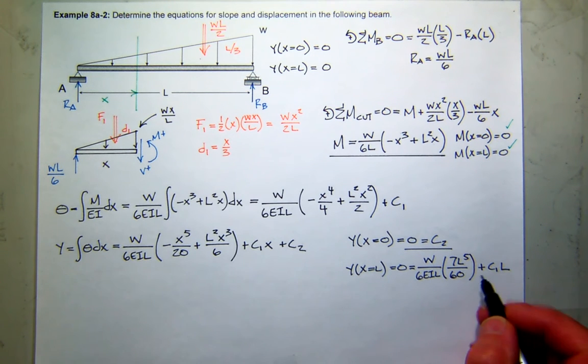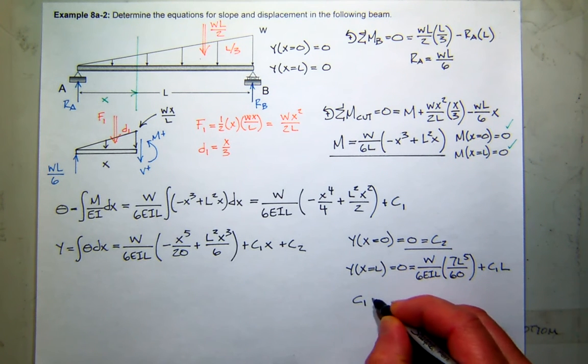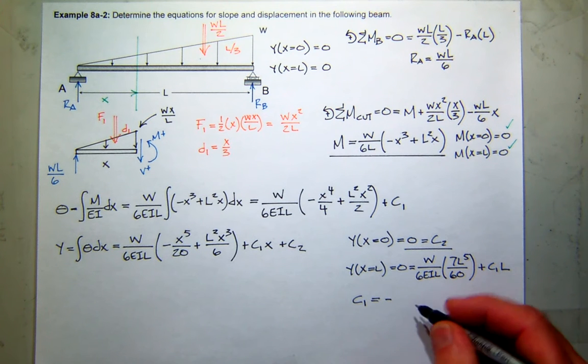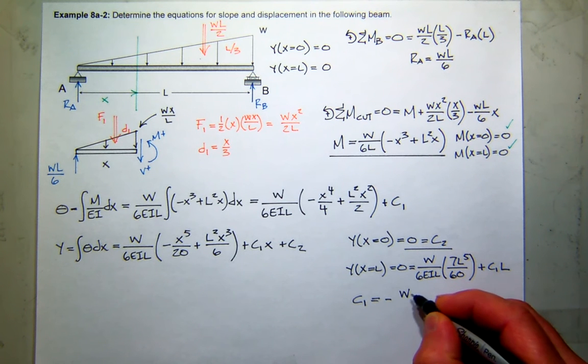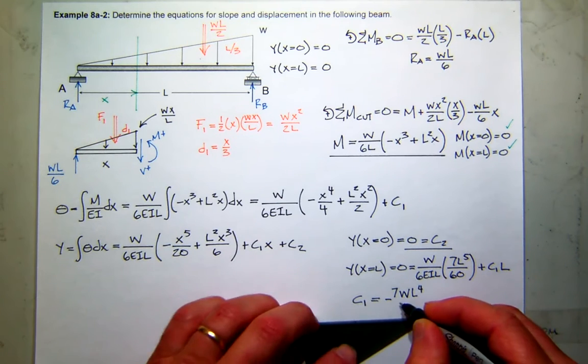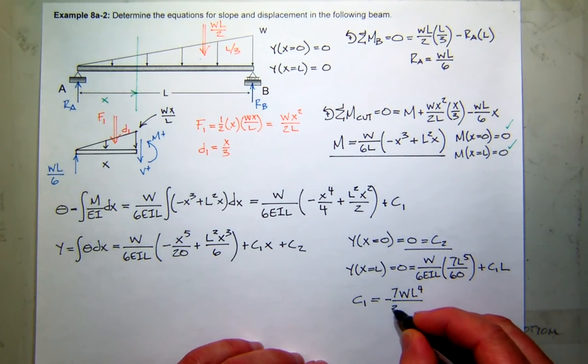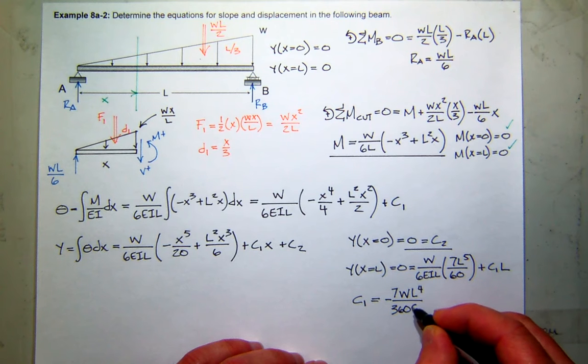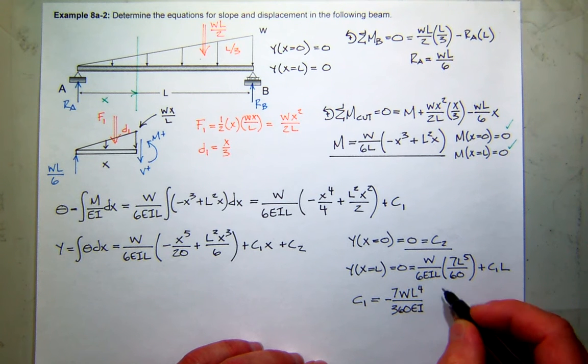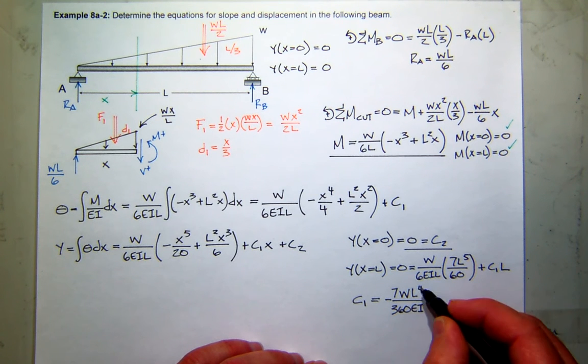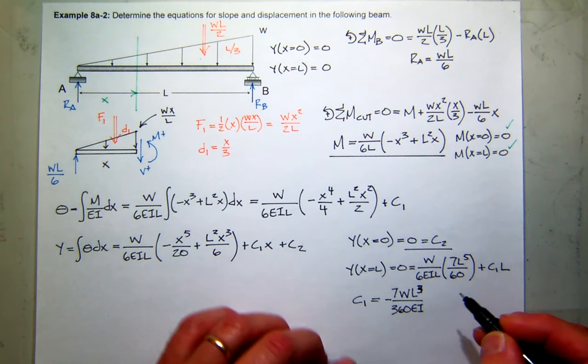So I can solve for C1. So C1 becomes minus 7WL to the 4th over 360EI, and that L cancels that L. Let's make this 3.